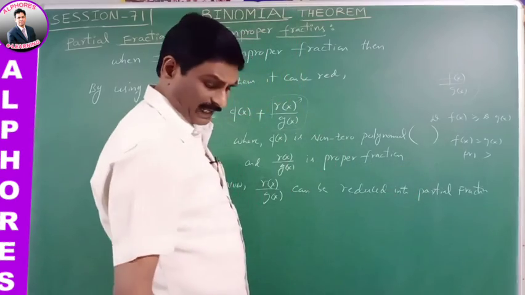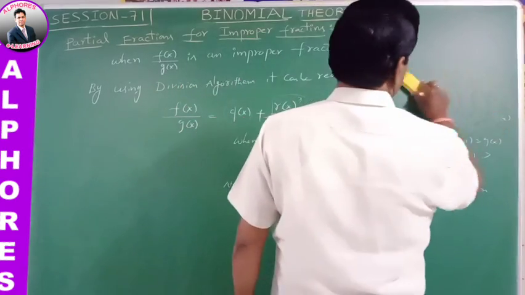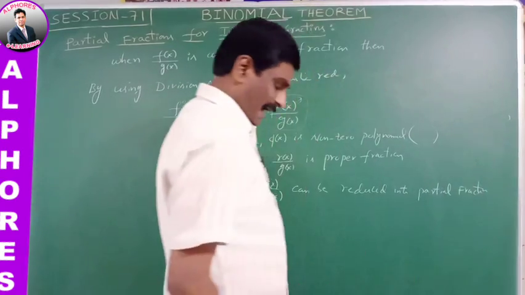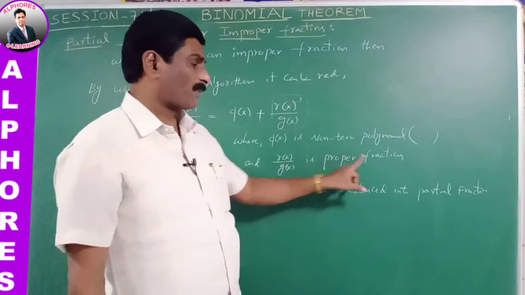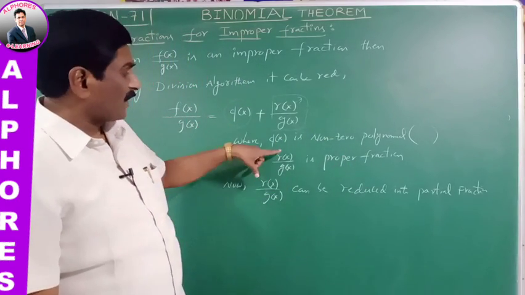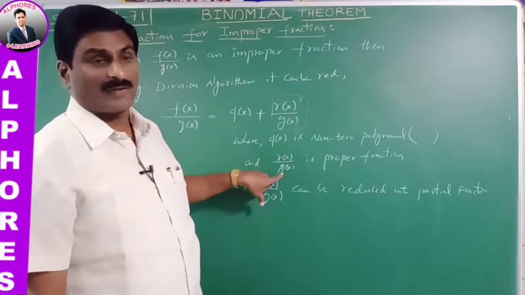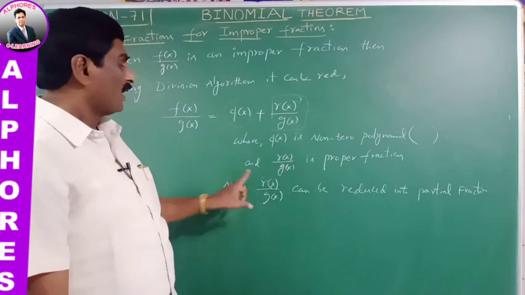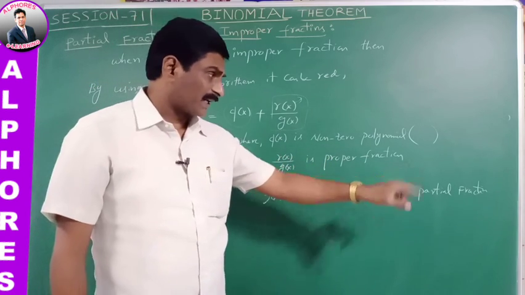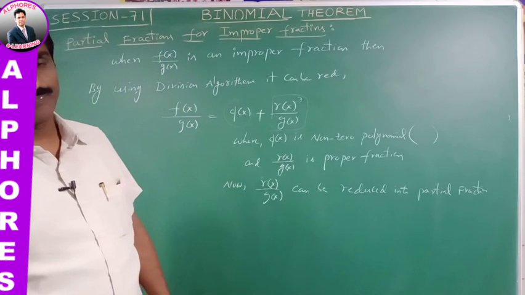In bracket, please write that value, quotient. And r of x by g of x is a proper fraction. The degree of r of x must be less than the degree of g of x. That means it is proper. Now, r of x by g of x can be reduced into partial fractions.